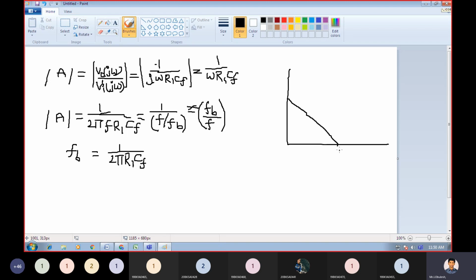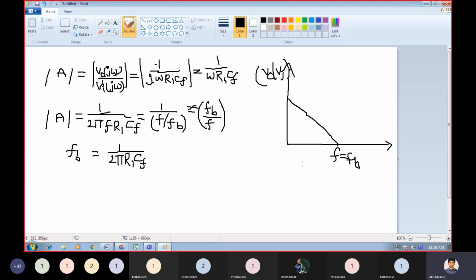This is f equals fb. Here you need to take V naught by Vi in terms of decibels, or you can call this the gain in decibels.